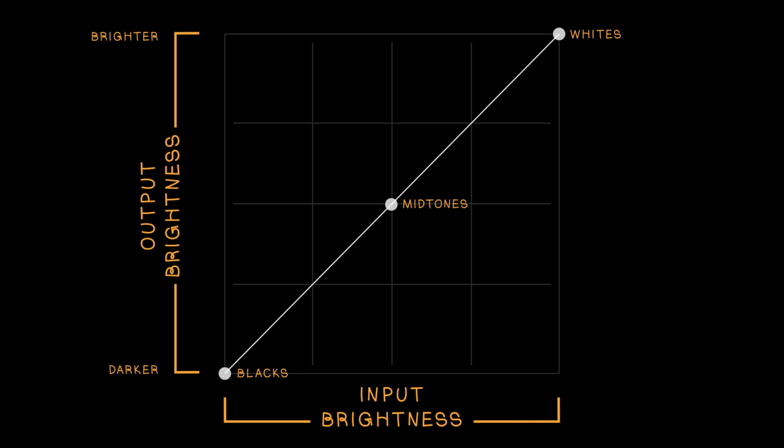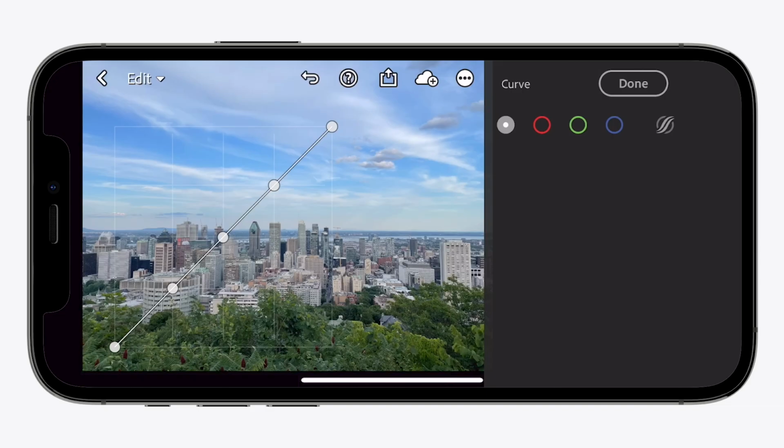In between our midtones and blacks, we can add a point which represents the shadows, and then in between our midtones and whites, we can add another point which represents our highlights. From here, we can continue to place points along this graph to manipulate more specific areas of our image. And that's really all there is to it. If you can understand this, you can start to see how this tool can be manipulated to control your image even more.